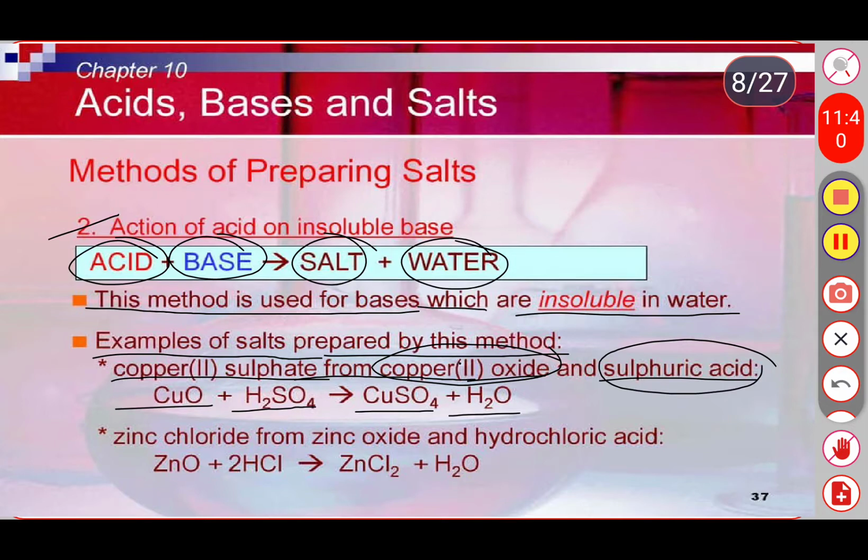Copper sulfate along with water. Next one, when zinc oxide is combined with hydrochloric acid, HCl, it forms zinc chloride along with water. So this is also one type of example for the preparation of salts with the help of acids and bases.